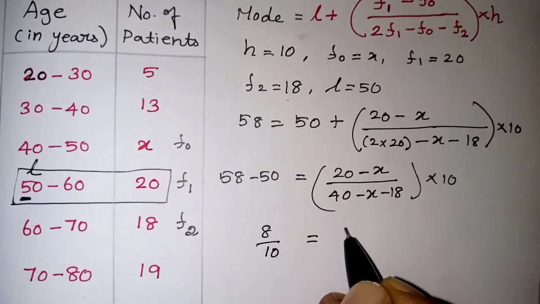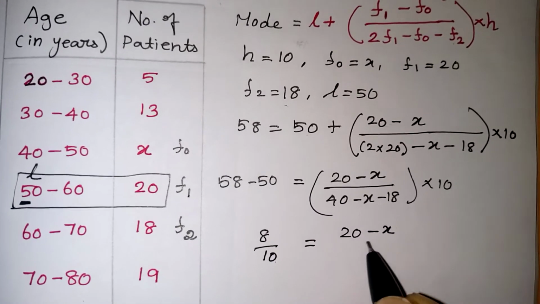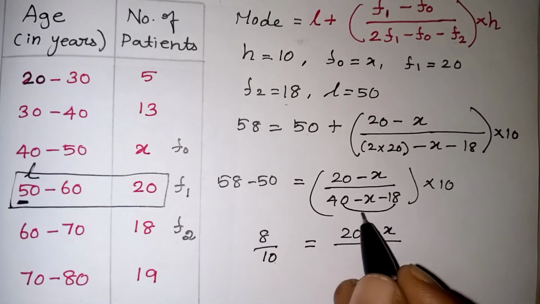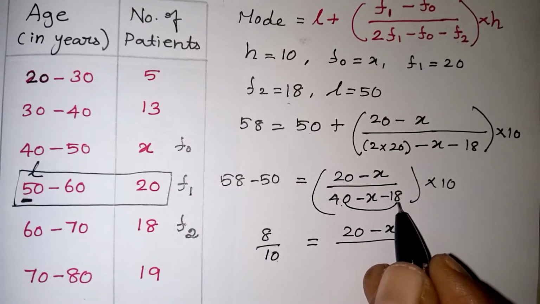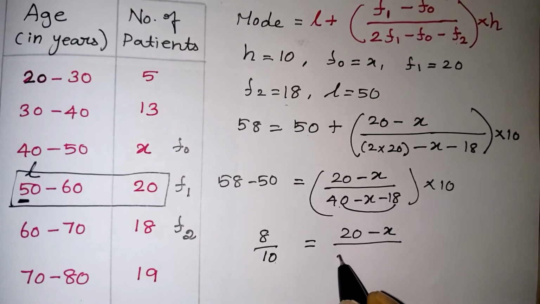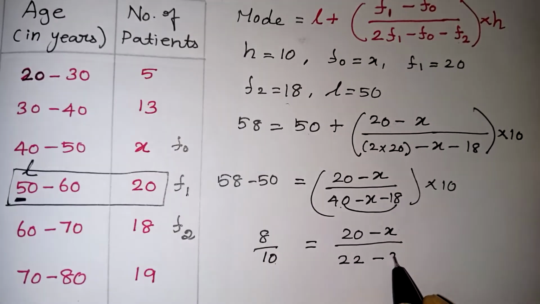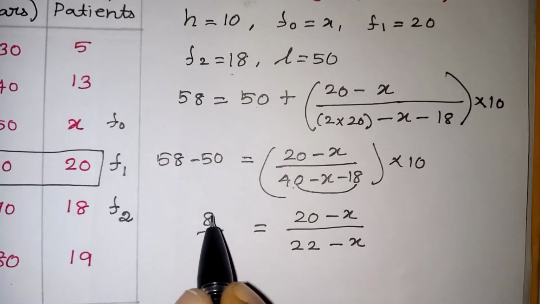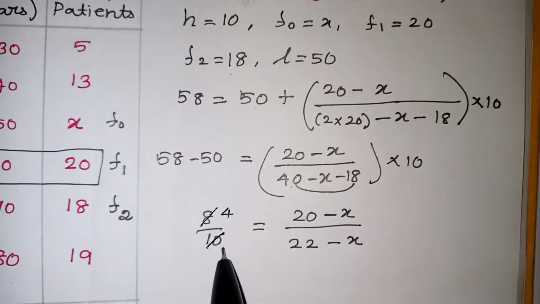So 8 by 10 is equal to 20 minus x by, here 40 and 18 are both numbers that can be subtracted. So 40 minus 18 will give you 22 minus x. So 8 and 10 we can cancel by 2 table. 2 4s are 8, 2 5s are 10.